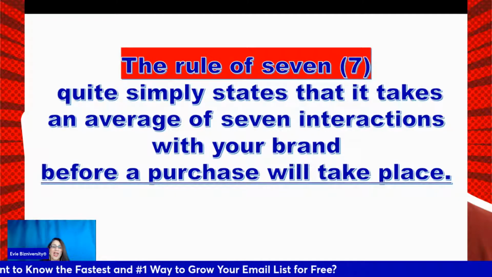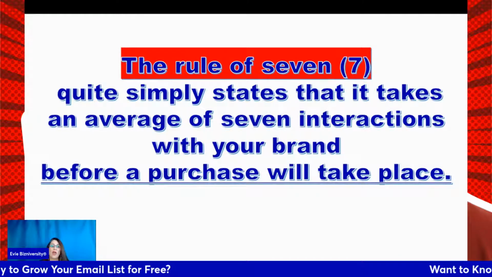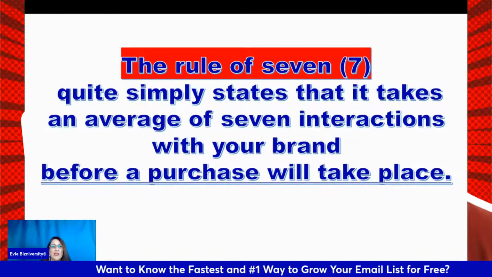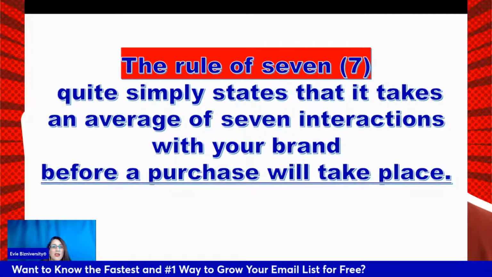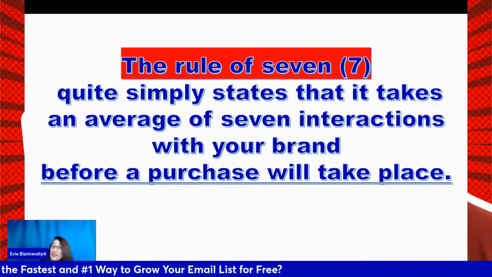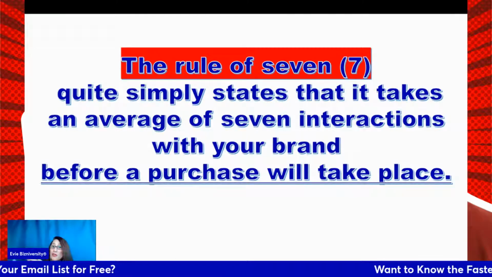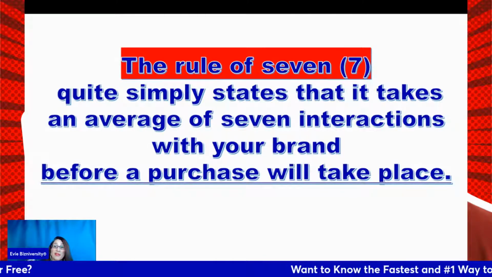And so let's talk about extending that know, like, and trust factor, because it's indeed more than the know, like, and trust. When I hear the know, like, and trust, it makes me think, well, does that mean that it just takes three instances, three touches, three emails, three posts on social media for me to get the first post?